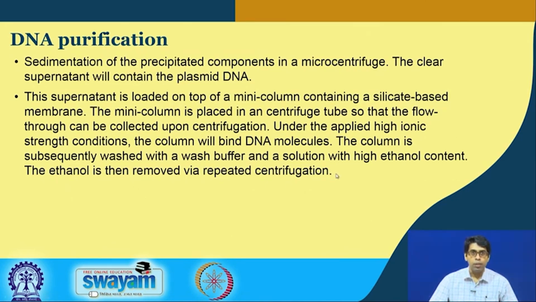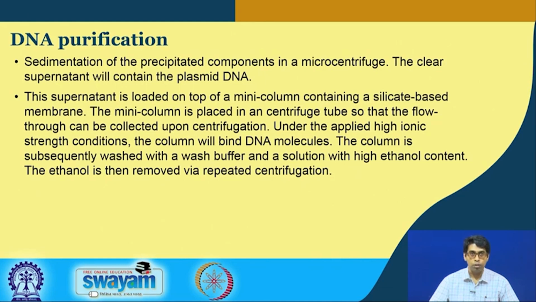So, we also do these washing steps to remove ethanol, because ethanol is something that is used in some of the steps and it can be detrimental for the subsequent use of the plasmid DNA. As we will see in the next lecture, we are mostly going to use this DNA to do polymerase chain reaction, and there the ethanol can interfere with the polymerase chain reaction.